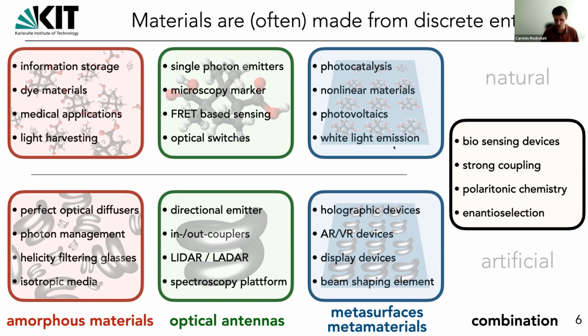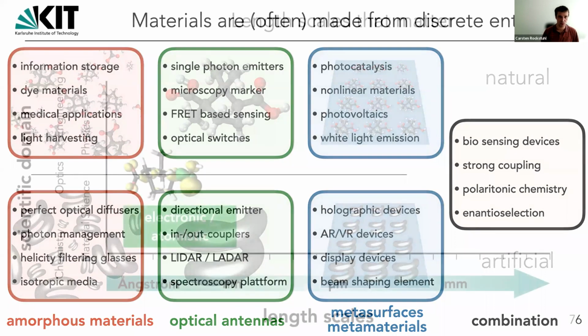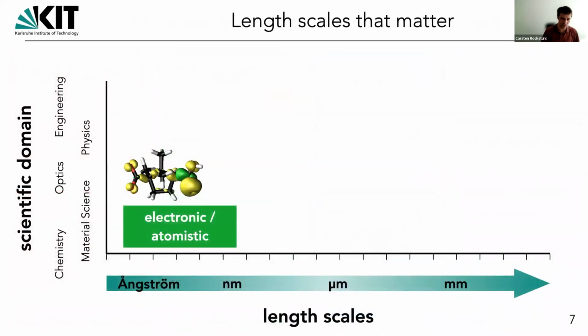And the intention here really is to develop tools that can be applied to the exploration of those specific applications that are mentioned here in each of these individual boxes, where we consider disordered, isolated, or periodically arranged artificial or natural elements.